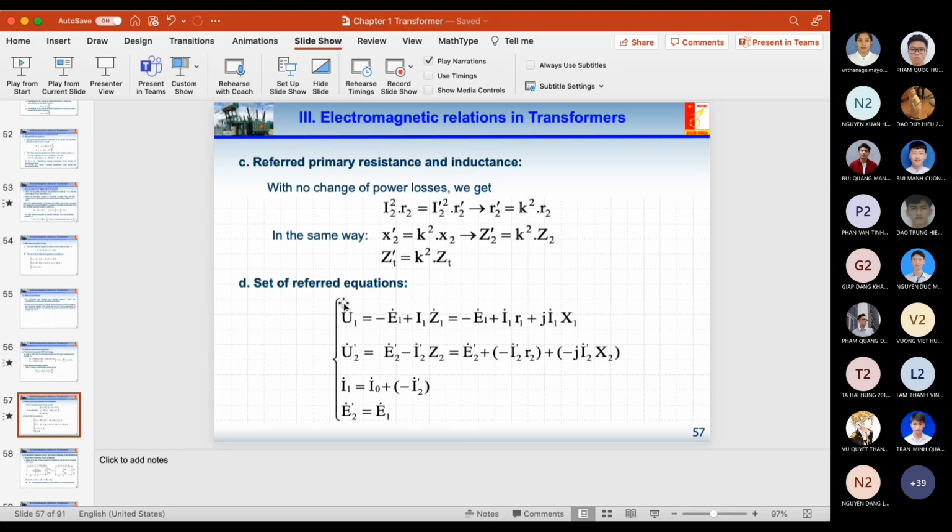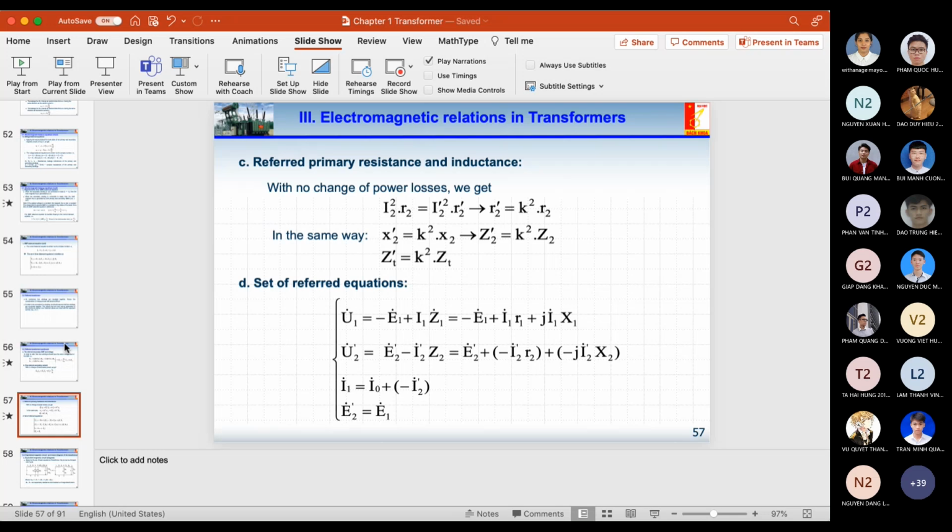This set of reference equations you should keep in mind. This one is very, very important. And from these equations we can build the equivalent magnetic circuit for the transformer.